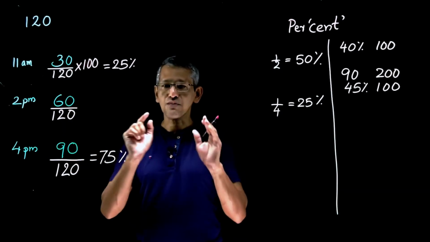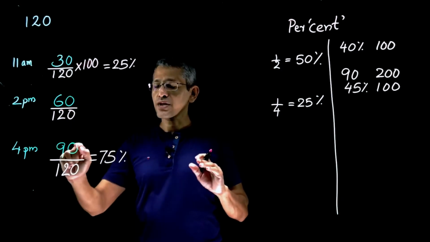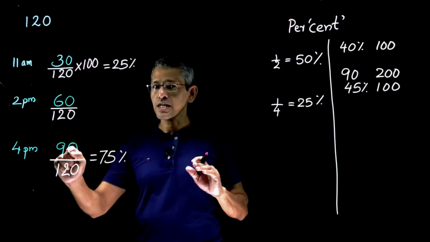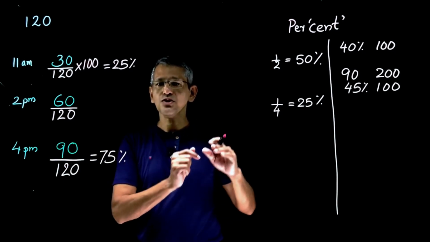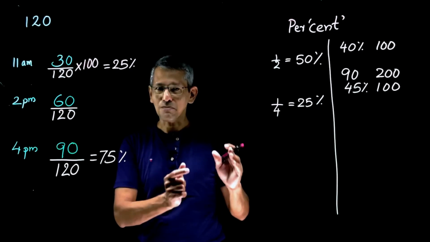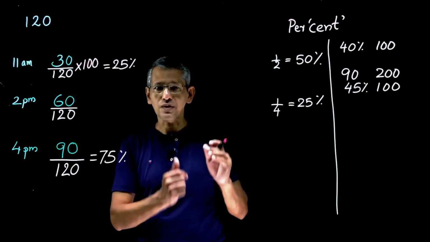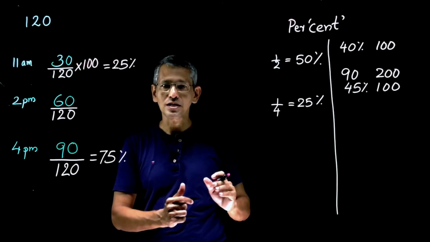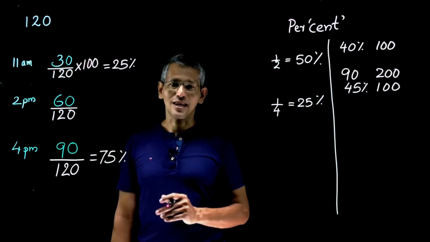So 60 means 50 percent, and along with that we have 30 more sold. 60 plus 30 is 90. So 50 percent plus 25 percent is 75 percent. That's another way of looking at it.